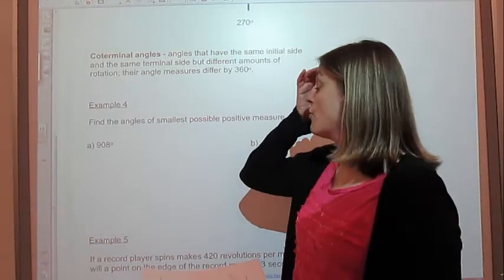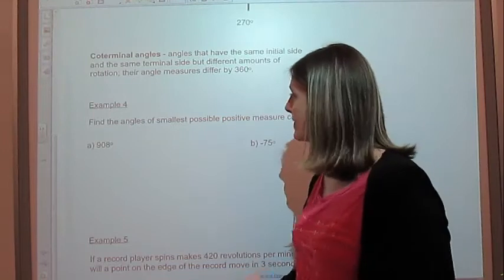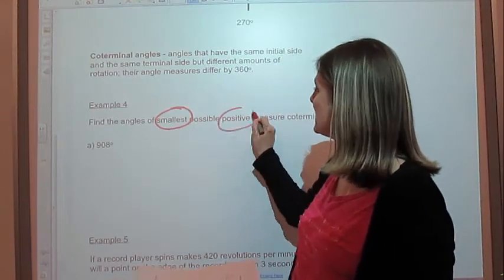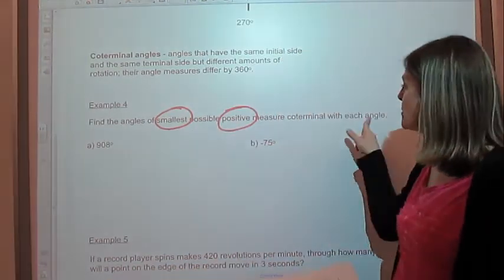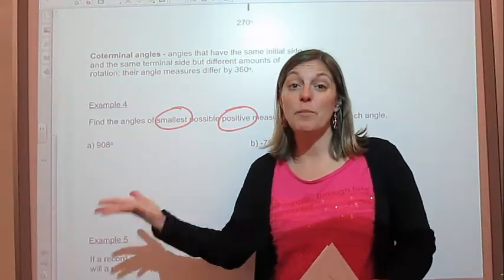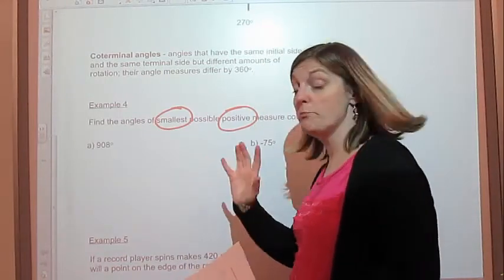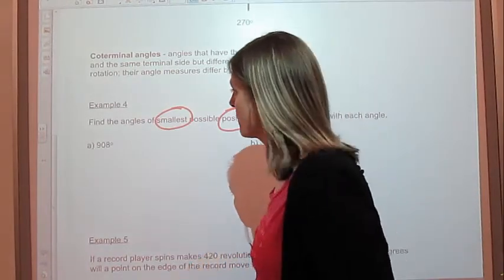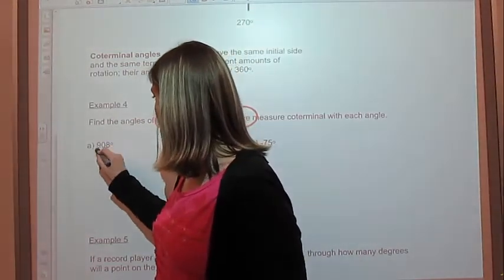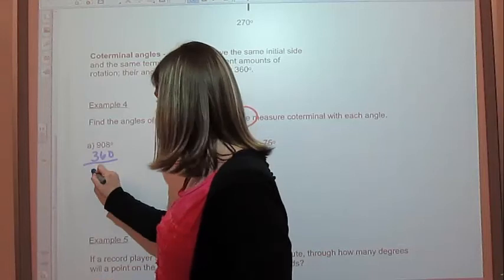All right, so find the angles of smallest possible positive measure coterminal with each angle. So 908. The easiest way to get that is if it's above 360, just keep taking away a full circle until you get between 0 and 360. So 908 minus 360 gives us 548.